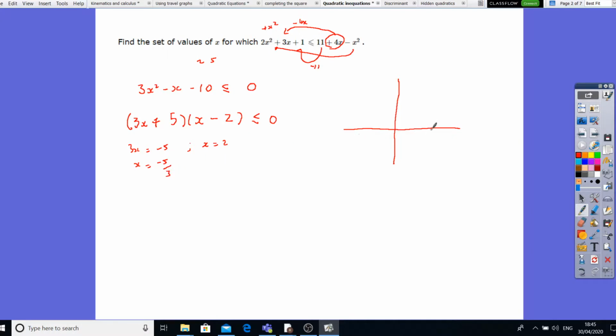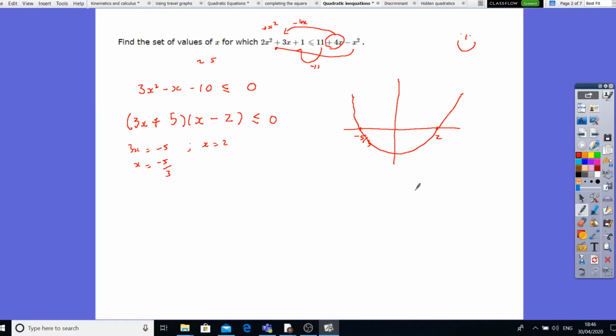So I've got x equals 2 here, and I've got x equals minus 5 over 3. And again, it's a positive parabola, so it's going to be a smiley face. So it's going to go here, dip, and then come back up. Okay, it's only a sketch, so don't worry too much about the curve.